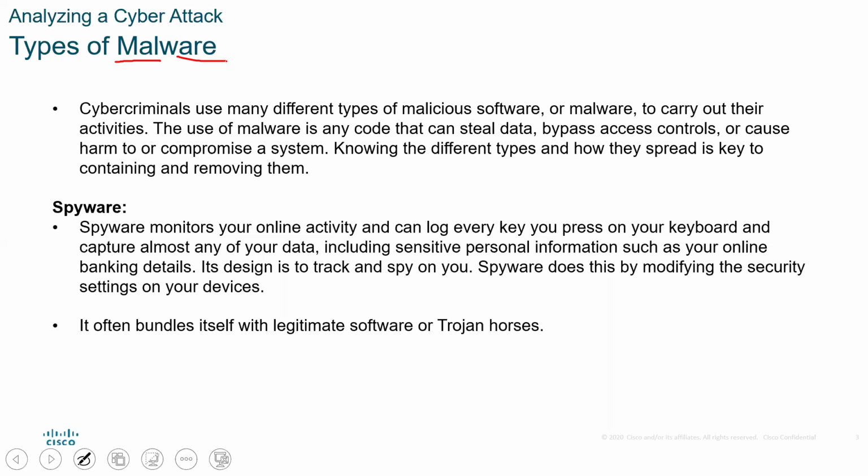Malware is any code that can steal data, bypass access control, or cause harm or compromise to a system. Knowing the different types and how they spread is key to containing and removing them.